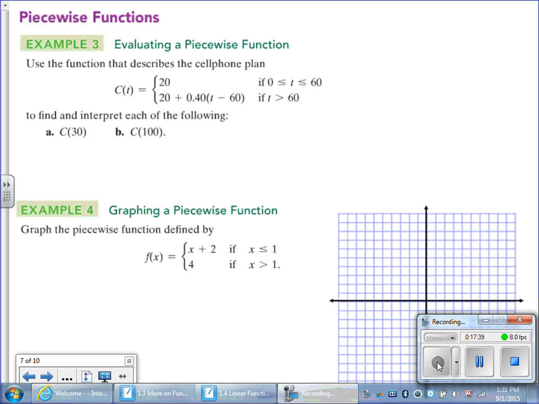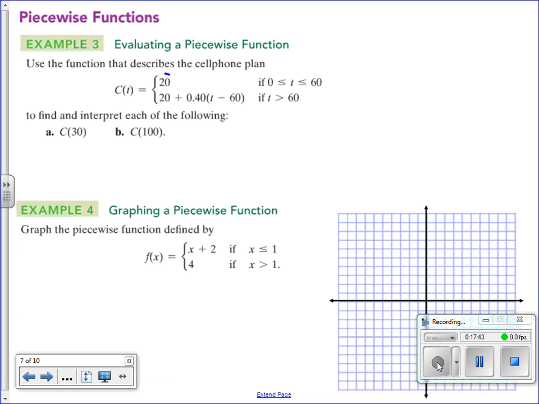All right. So what this is telling us is that the price for the cell phone plan, maybe it's a disposable one, is $20 if you use anywhere from 0 to 60 minutes. Now, if you go over 60 minutes, you will have to pay 40 cents for every minute that you go over. Okay?